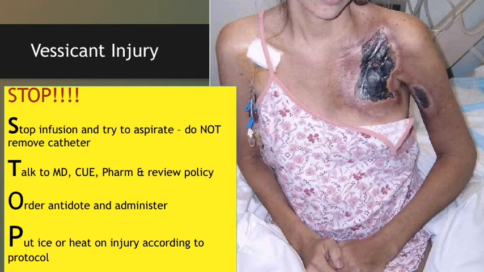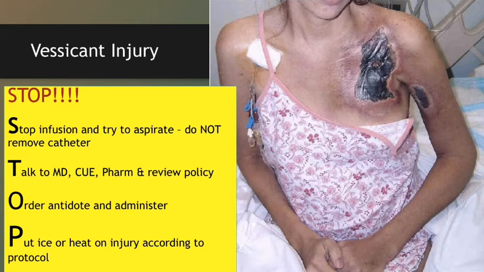Okay, so in order to treat this, you need to stop the infusion and try to aspirate. If it's a peripheral catheter, do not remove it. You talk to your MD, your unit educator, and the pharmacy and review the policy of what you were supposed to do for a vesicant for that type of drug, because each type of drug has a different procedure to try to mediate the effects. Okay?